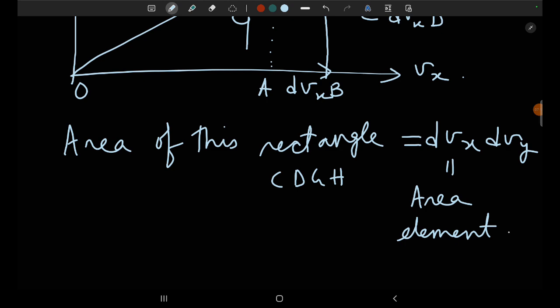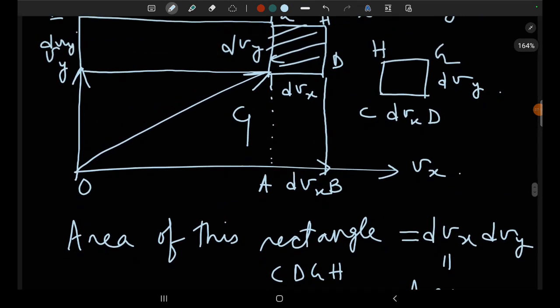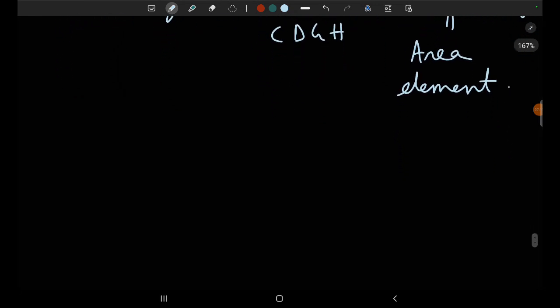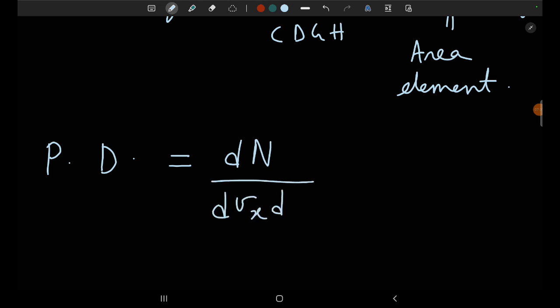What is the significance of this area element? It is important once we define something we introduced in our last video called the point density. The point density was defined as the number of molecules traveling in this speed range per this area element.